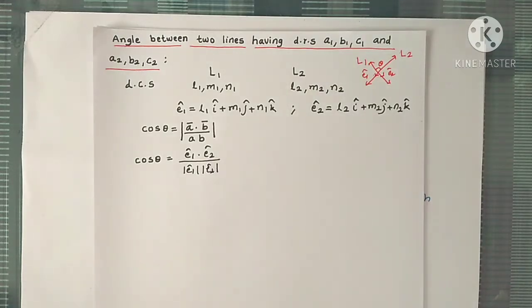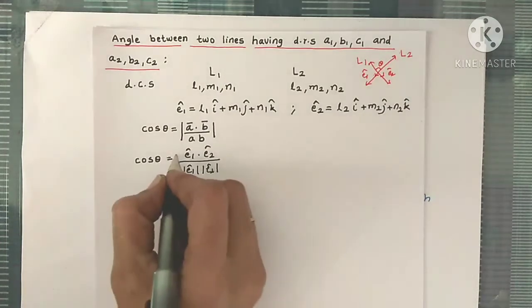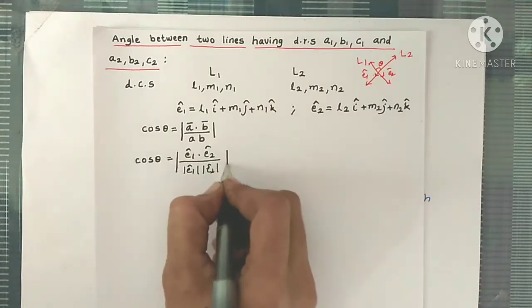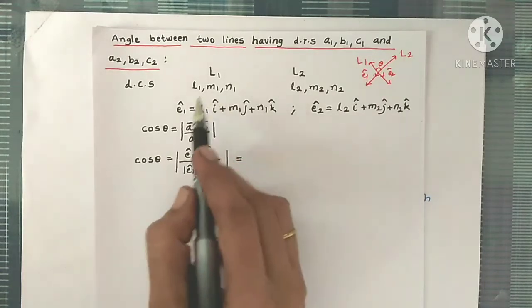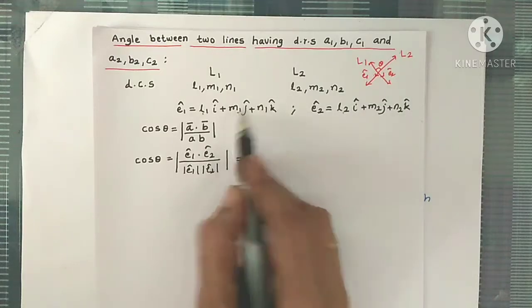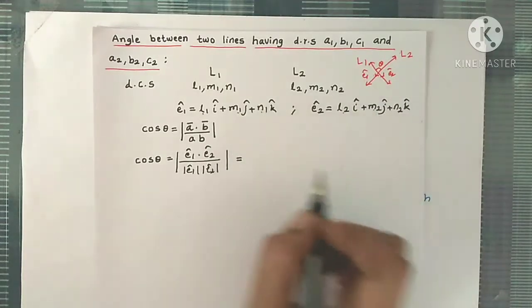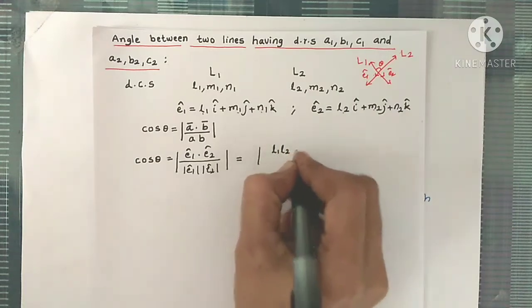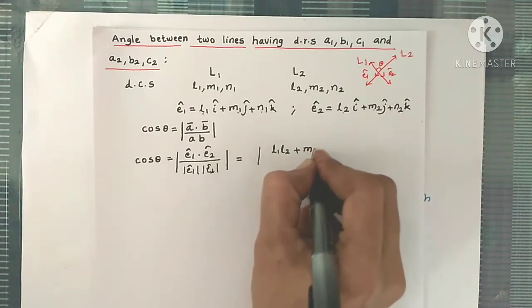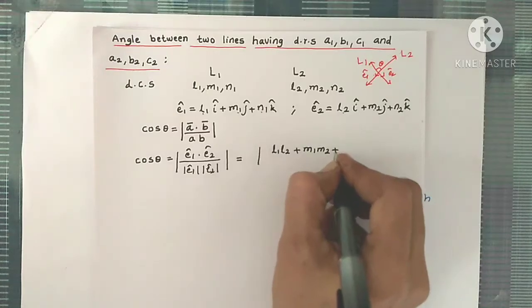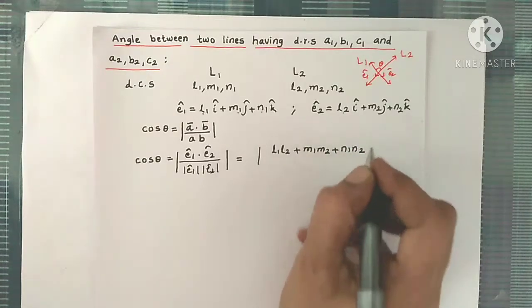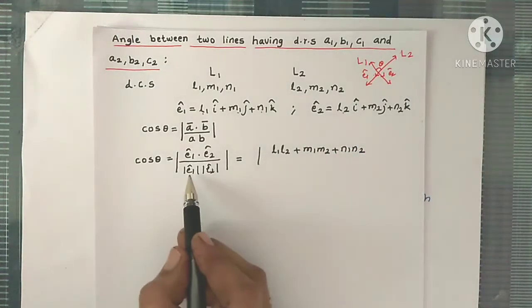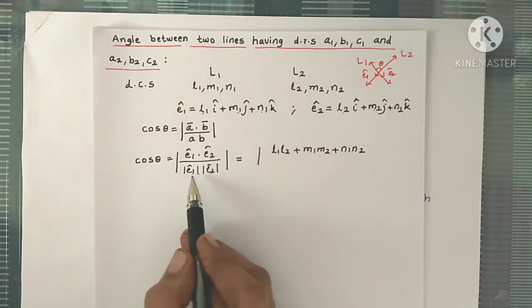As theta is the angle between two lines, it lies between 0 and 180 degrees, so let's take the modulus. Now the dot product E1 dot E2 in terms of i, j, k is L1 L2 plus M1 M2 plus N1 N2, divided by modulus of E1 cap, which is 1 as it is a unit vector.